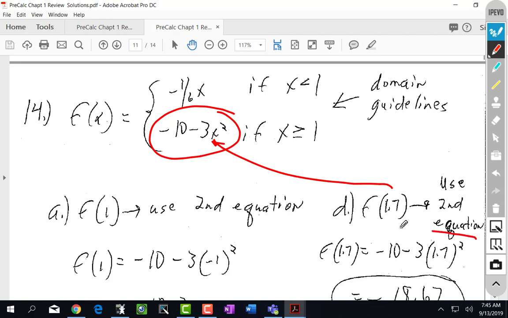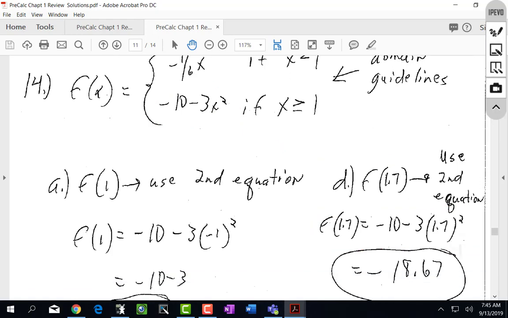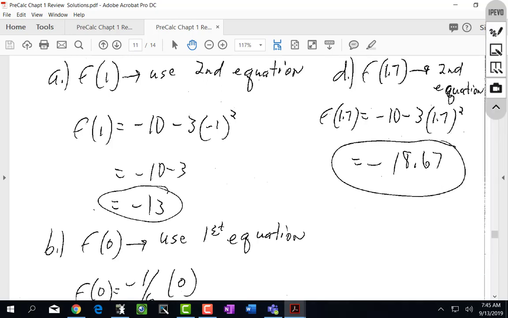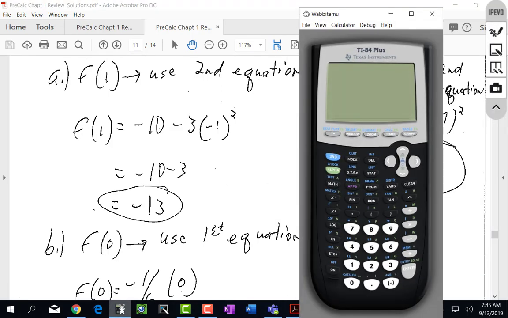So now substituting that in, I've got negative 10 minus 3 times 1.7 squared. So I square the 1.7. Let's see, what is 1.7 squared? Put that in my calculator real quick.